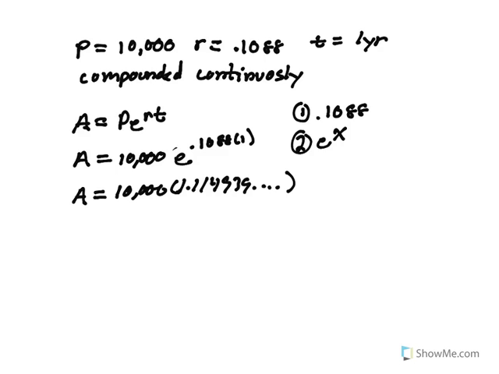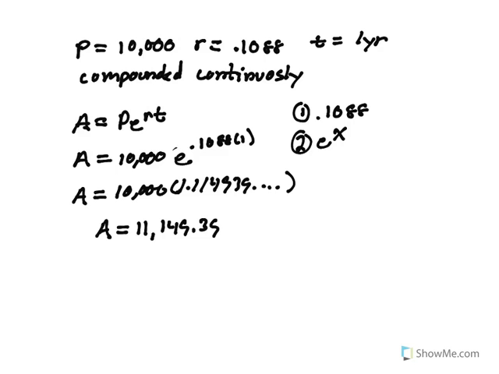You're going to get probably a 15-digit number, and then you multiply it by 10,000, and you will get the following value. Just give me one moment while I calculate that for you. You're going to get A equals $11,149.39.